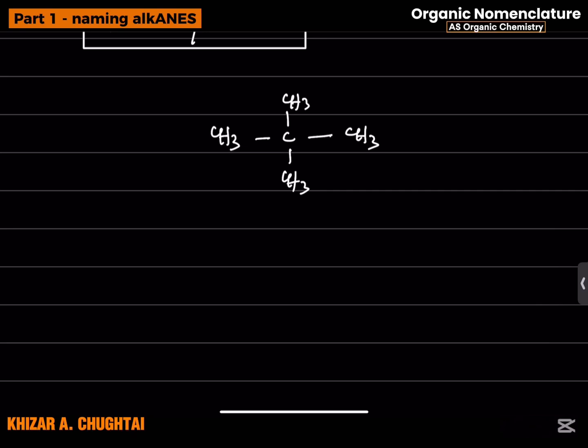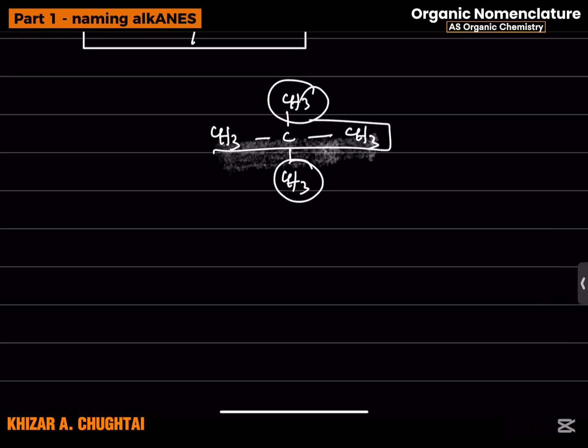No, it's not cyclo. It's an open chain compound. How many carbon atoms are in the longest chain? 3. And these 2 are the branches. This is the longest chain.